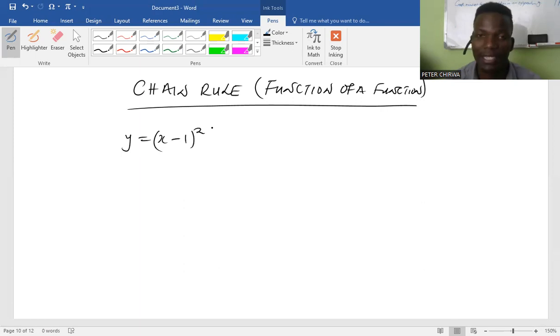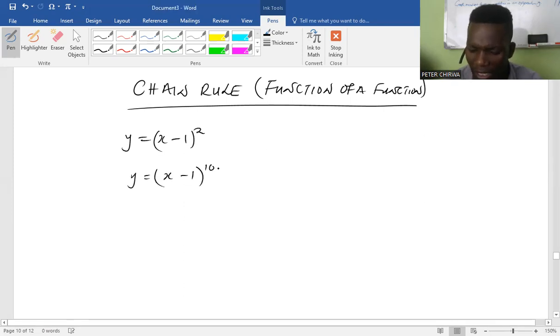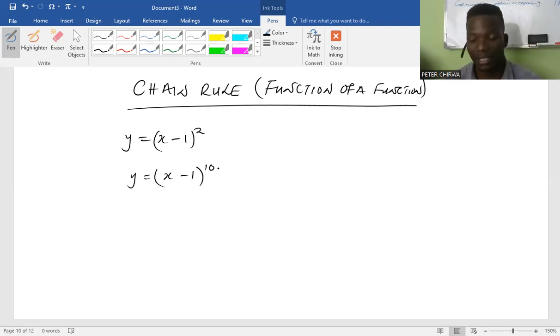It's easy to expand this one, and then you use the power rule to differentiate. But what if we have a power of 10? It's going to be tedious for you to expand this function 10 times. This is where the chain rule comes to be applicable.